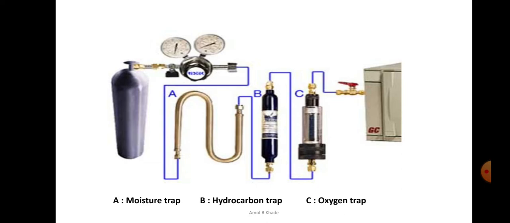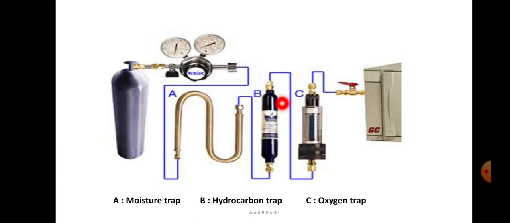Now in this case, after these two-stage regulators, we can have some traps. Trap A is nothing but the moisture trap. If your carrier gas has certain moisture, or during storage it has absorbed any moisture, that can be trapped in this moisture trap, or moisture bed, which usually traps the atmospheric moisture.